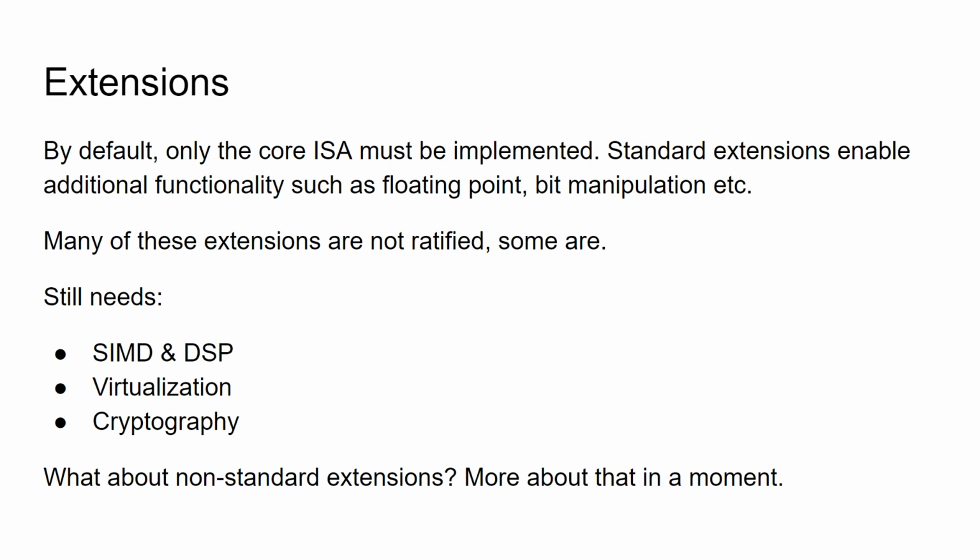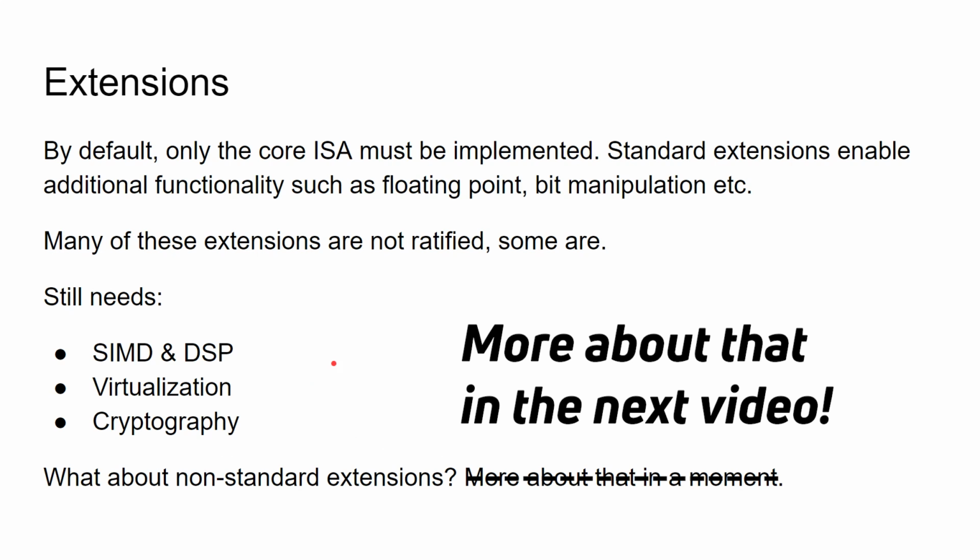So at the moment, if you have a RISC-V processor, it might not necessarily do all the things you want it to do. And that leads us to the problem of what about non-standard extensions? What happens if someone creates an extension that will do something really snazzy, something really important to do with DSPs or whatever, but it's not a standard extension? Well, we'll talk more about that in a moment.